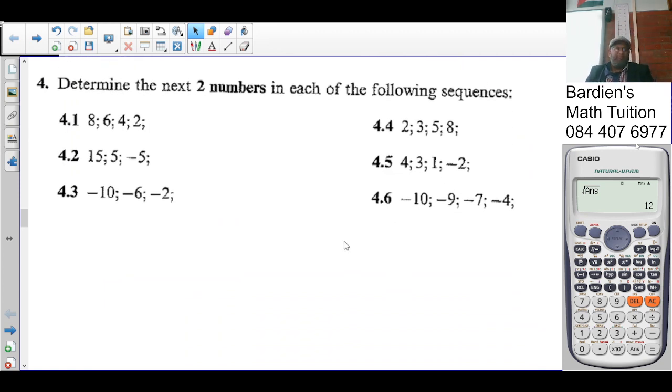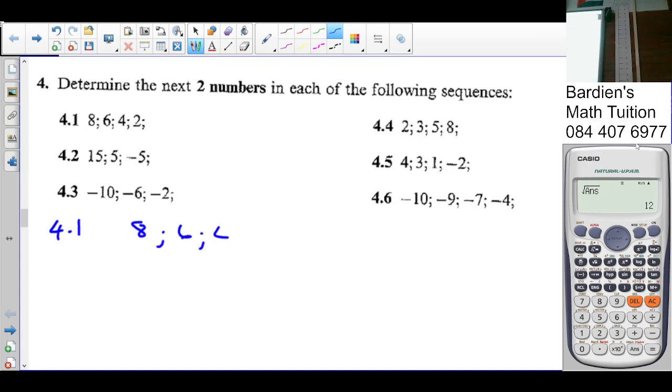Number 4 says determine the next 2 numbers in each of the following sequences. So again you write down 4.1. The sequence is 8, 6, 4, 2. So you need the next 2 numbers. How do I move from one term to the next? Minus 2, minus 2, minus 2.